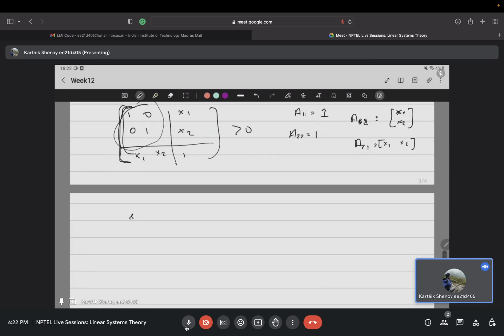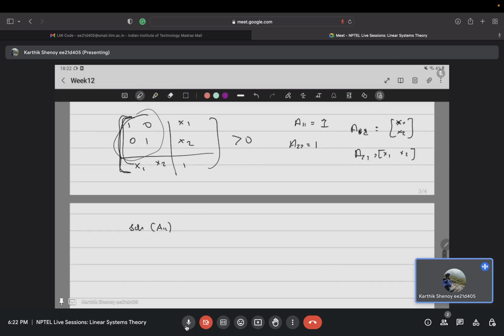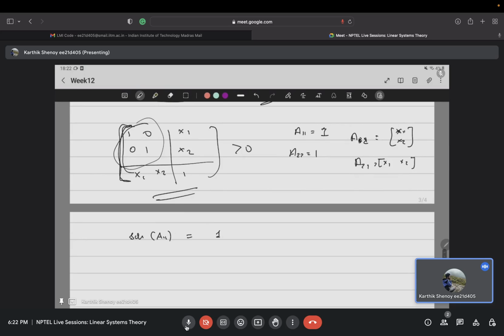So what is the Schur of A11? So this is a symmetric block matrix because this transpose is same as this. So Schur of A11 is equal to 1 minus x1 x2 times identity times x1 x2.